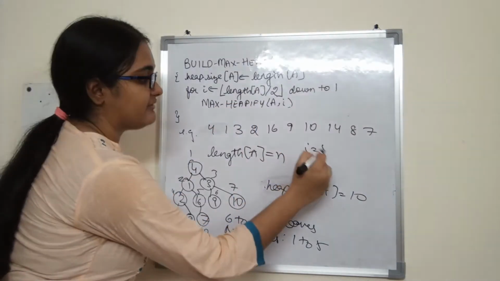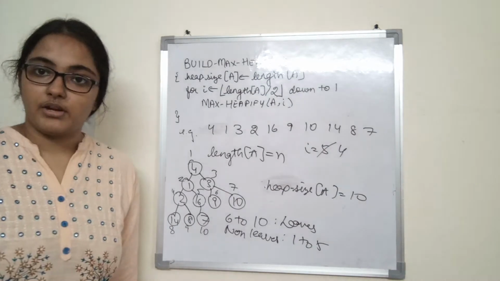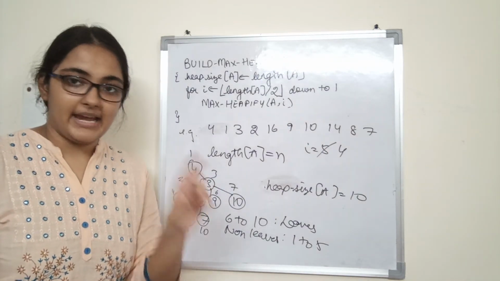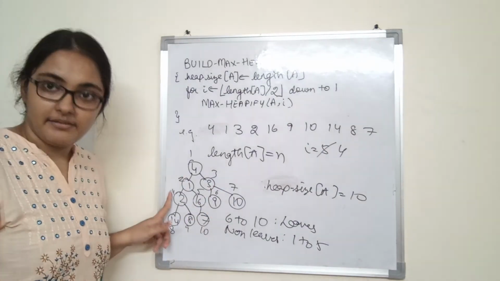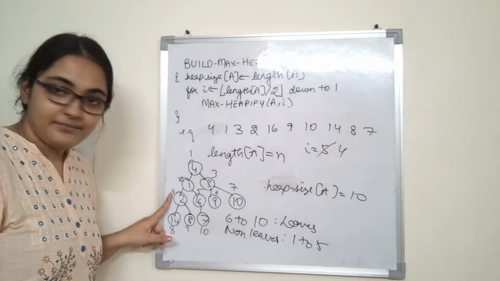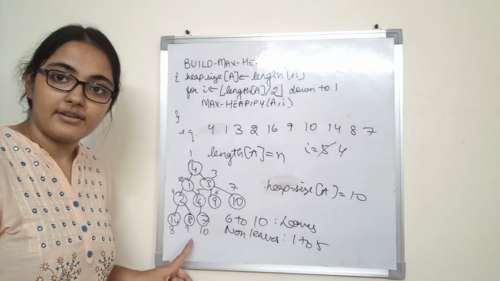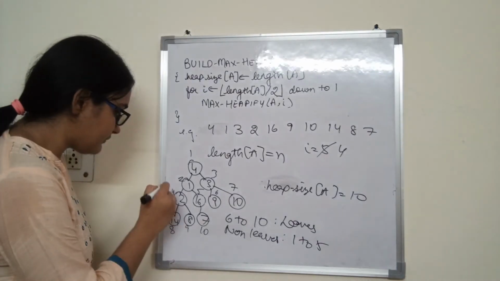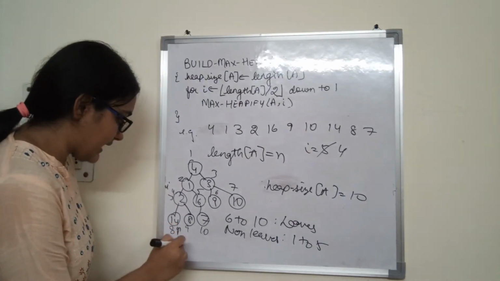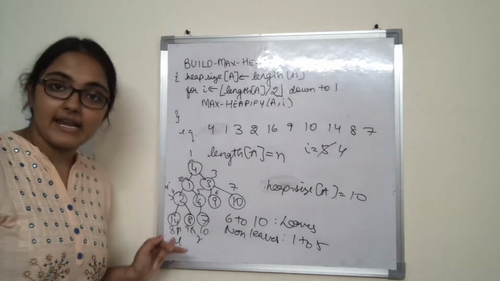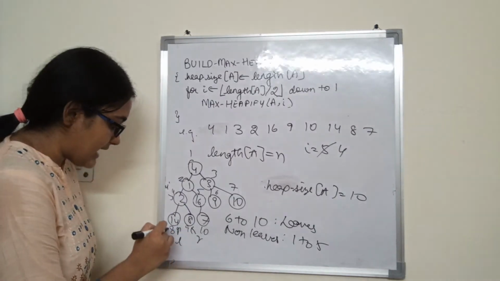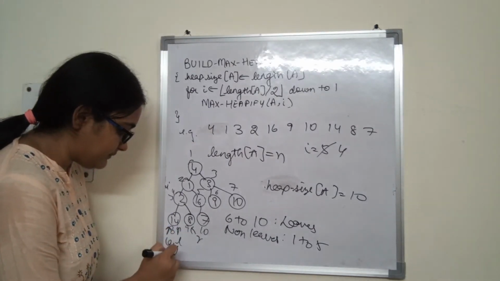Now we are calling it on 4. I was initially 5, now it has become 4. So we are calling max heapify A, 4, on this node, right? So this is I, this is L, this is R. Which one is the largest? L is the largest. So largest will point here.